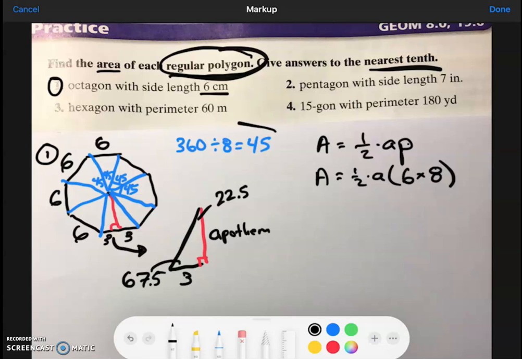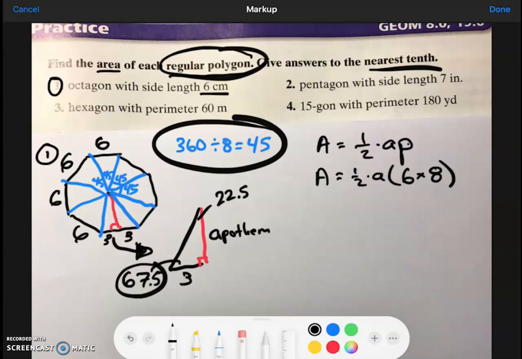So you first figure out angle measurements, split up into a smaller triangle here, and then we're going to use some trig. I can stand at the 67.5, and I'll just say tangent of 67.5 is equal to opposite apothem over adjacent 3. Calculate the apothem number, plug it into this formula, and then number crunch it out, and you'll get the area of number 1, the regular octagon.